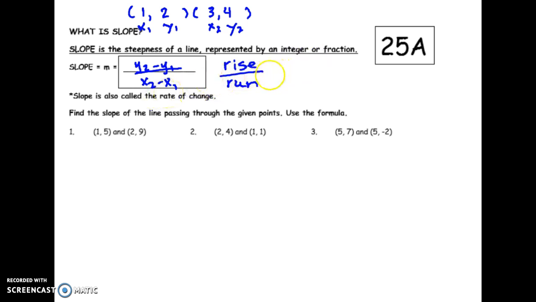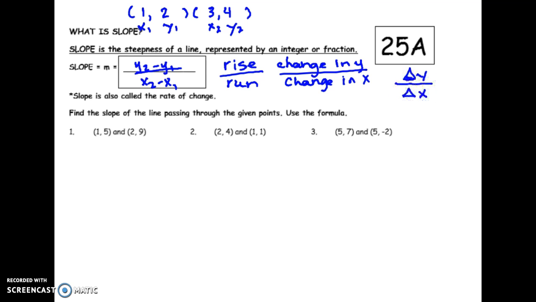You might also hear this as the change in y divided by the change in x. Sometimes you might see it as delta y over delta x, where the little triangle represents the change.